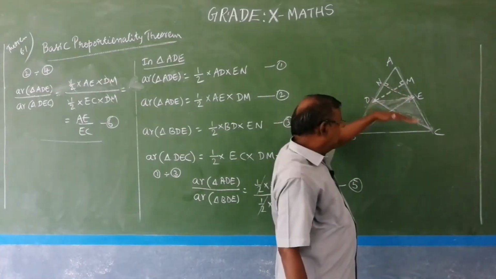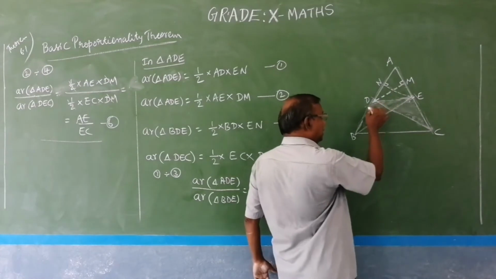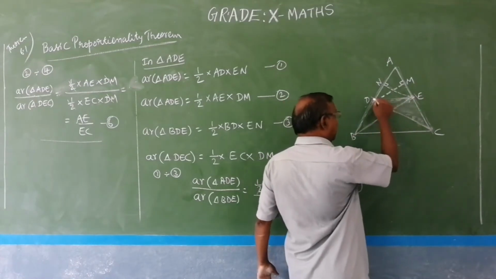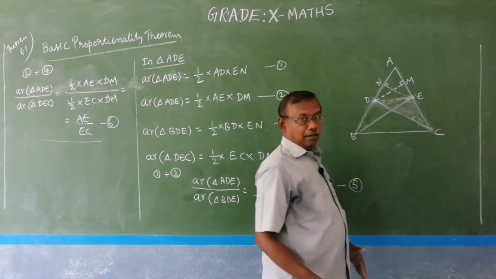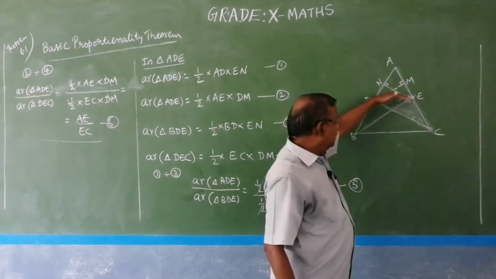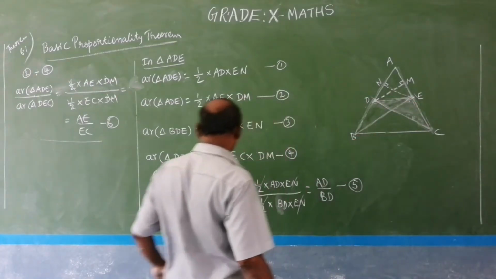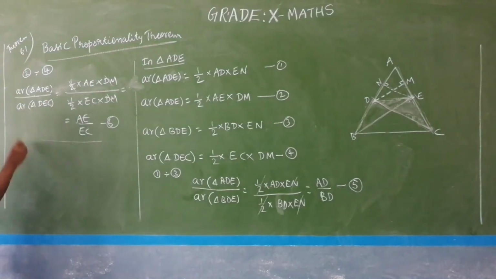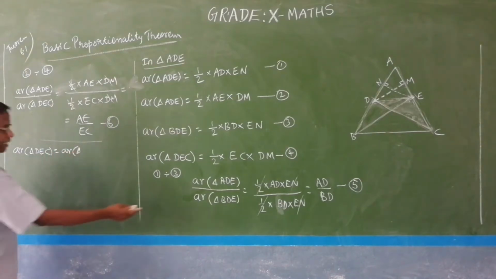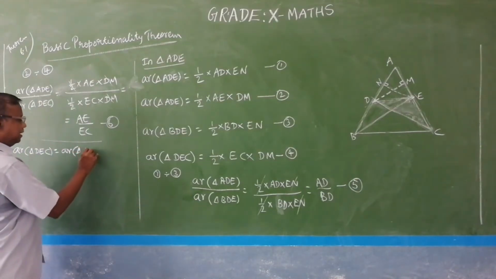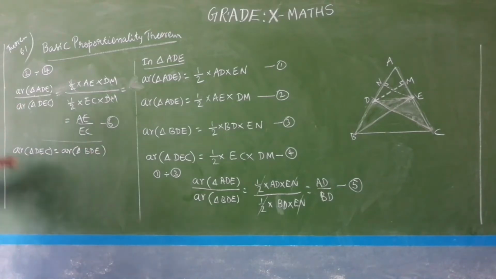Therefore DE and BC are parallel, and these two triangles DBE and DCE are on the same base between two parallels. Therefore area of triangle DEC is equal to area of triangle BDE. So these two are equal.